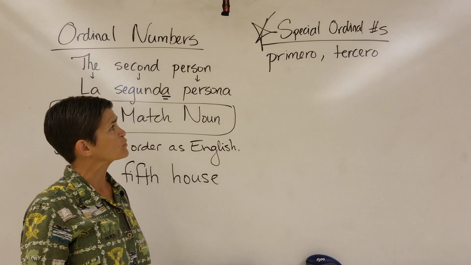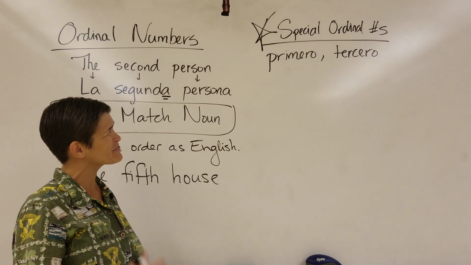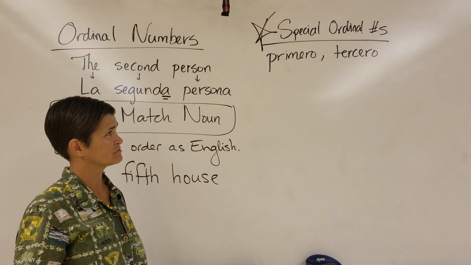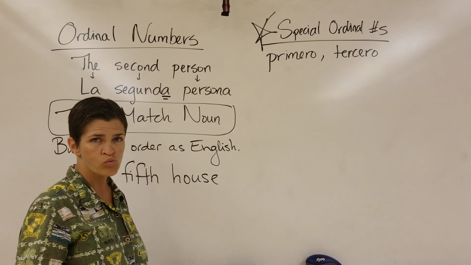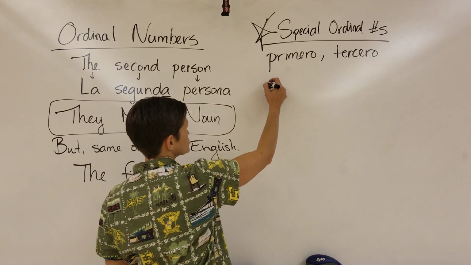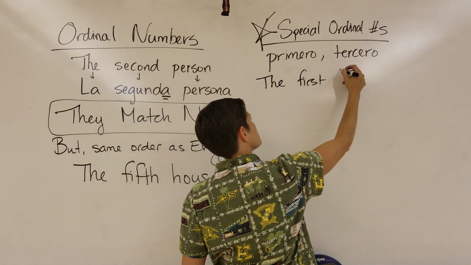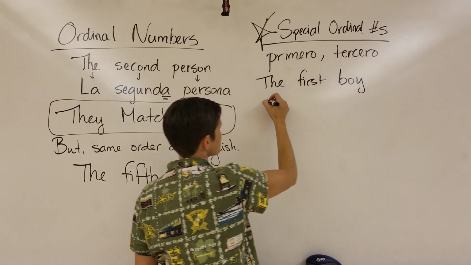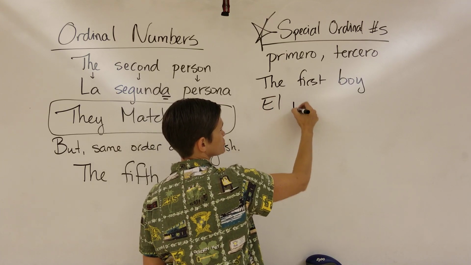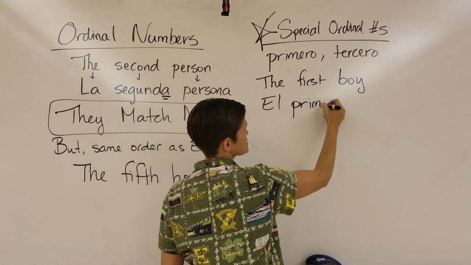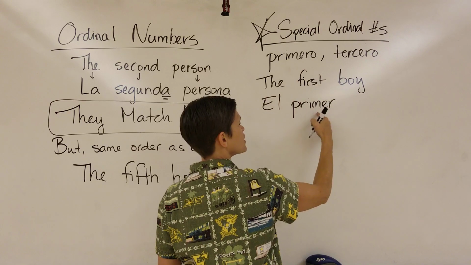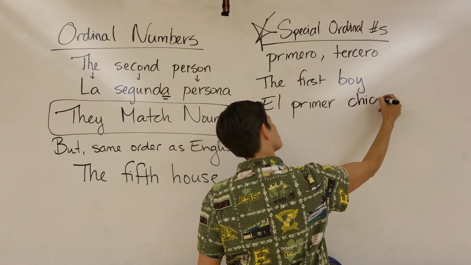So when they go in front of a masculine noun, they're going to drop the O. So if it was the first boy, instead of el primero chico, it's going to drop its O and be el primer chico.